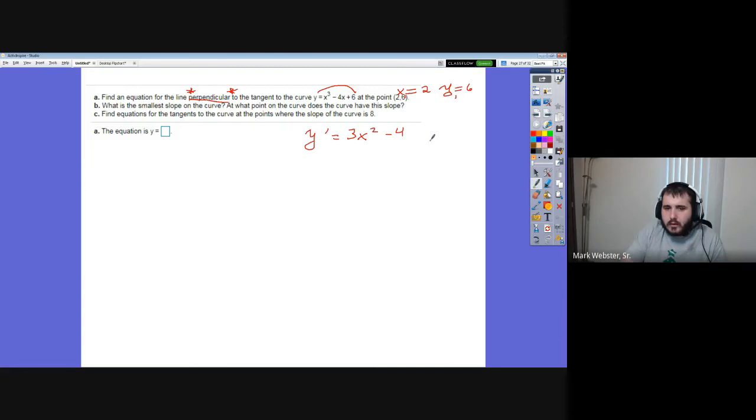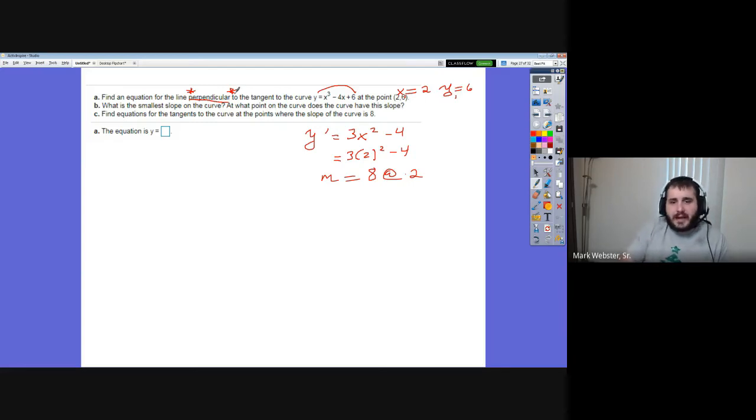Then I want it at x is 2. Let me find what that is. 12 minus 4 is 8, right? So the slope at 2 is 8 on the curve, the tangent line.